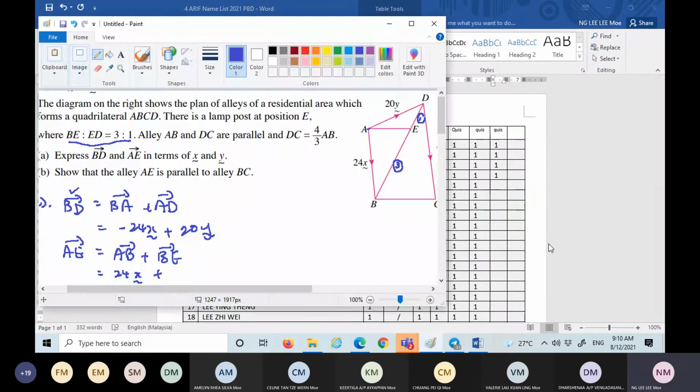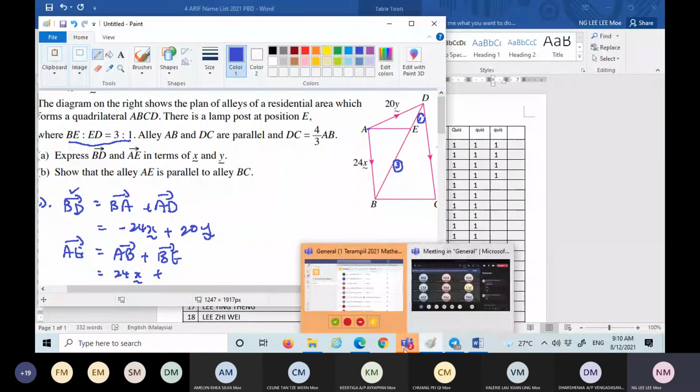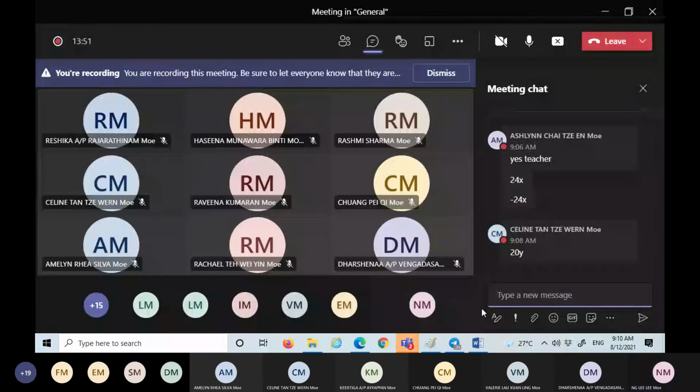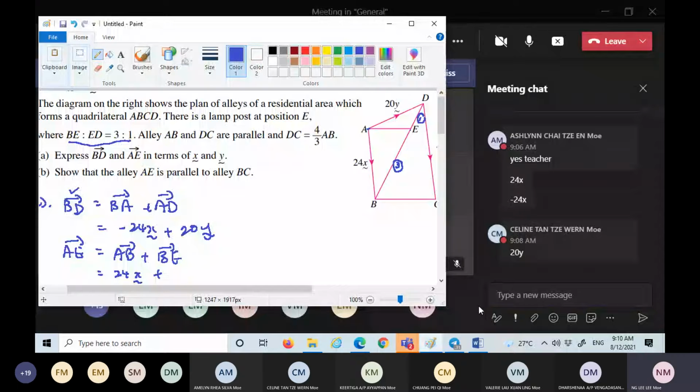Denise, repeat my question. How do I write BE as a portion of BD? Because I have BD in my first part of question A.